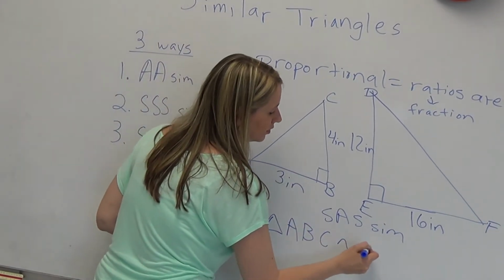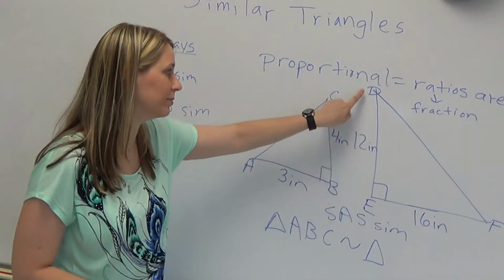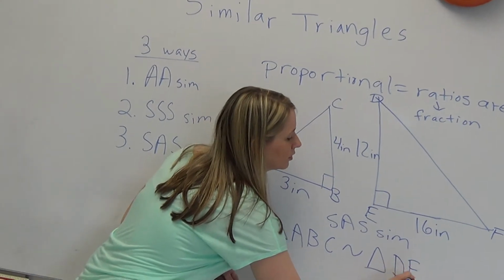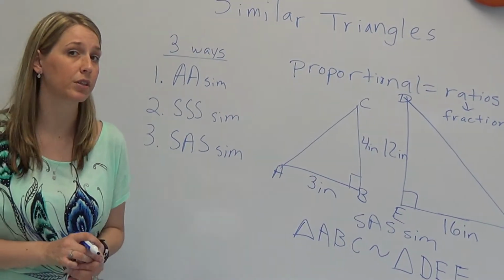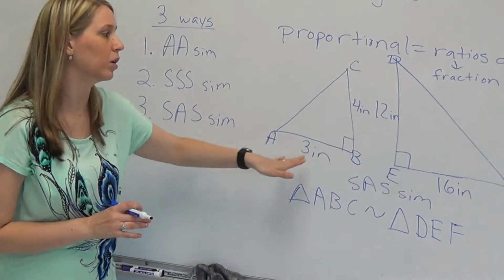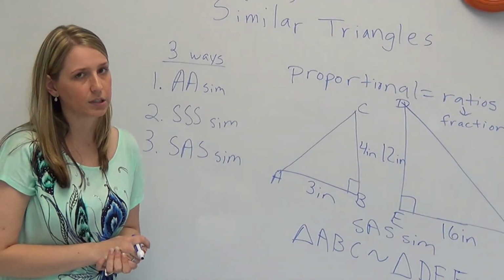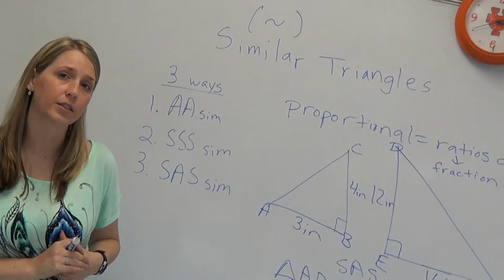And that's similar to triangle, see, the 3 goes with the 12. So now it's going to be D, E, F. So the triangles are not turned the same way, which is okay, they can still be similar. Now, if when you cross those they're still not proportional, then the triangles are just not similar. And that's side, angle, side similarity.